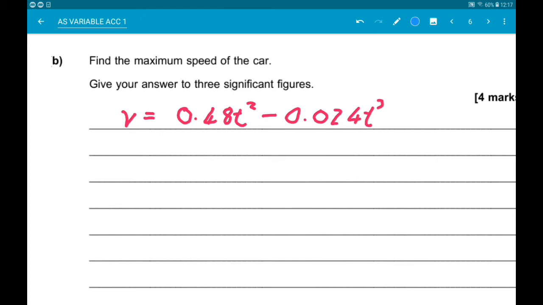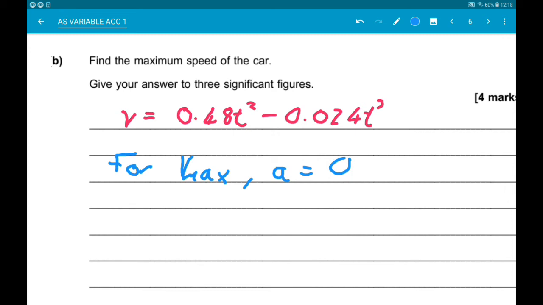So we should start by saying for V max, A is equal to 0. So what we're going to do: find the expression for acceleration, set that equal to 0, solve for t, substitute that into our velocity.